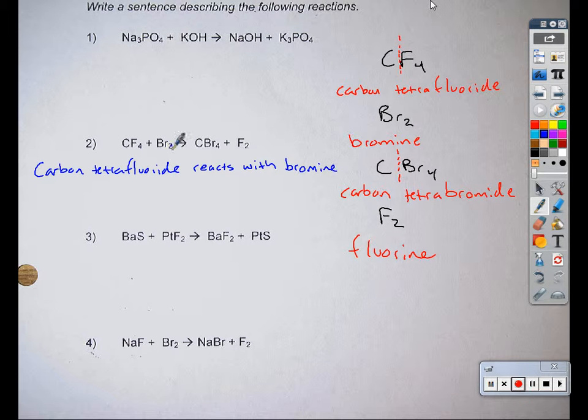The arrow can be replaced with to produce. CBr4 we now know is carbon tetrabromide. The plus on the product side is replaced with the word and the F2 we now know is fluorine.